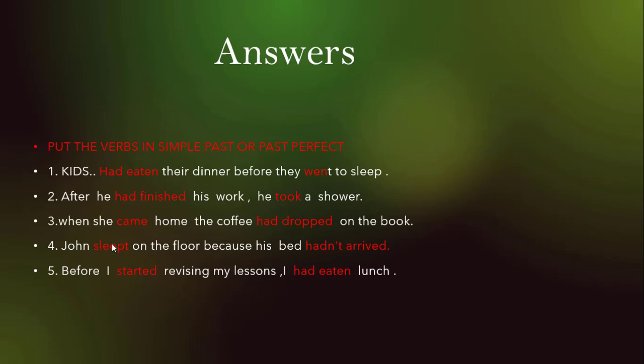Please cross out one E. The simple past of sleep is slept with one E, not two, on the floor because his bed hadn't arrived. Here we use past perfect: hadn't arrived, because we have "not arrived" in past perfect.